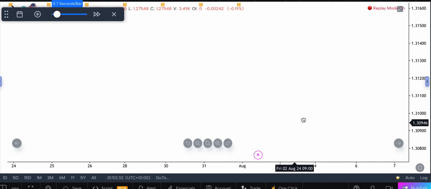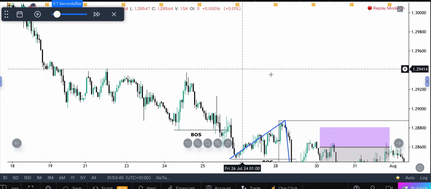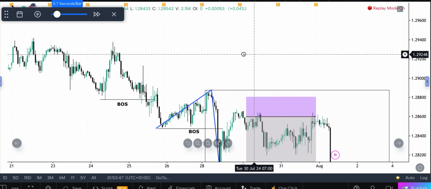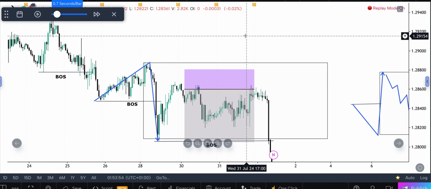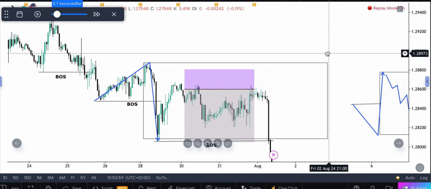When we go further in this class, I'm going to be showing you guys more on how to identify key levels, how to spot order blocks, and the liquidity concept. But on market structure, this is all. This is how you trade your market structure.